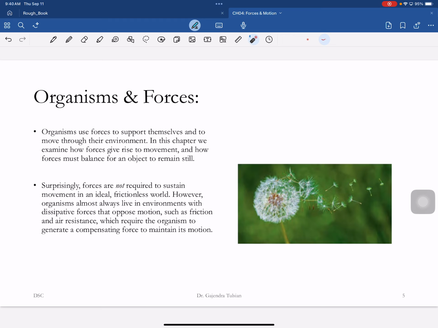The friction force converted the mechanical energy to heat, and heat is the worst form of energy, so that's why friction forces are called dissipative forces. They convert good energy into bad energy. So friction and air resistance are dissipative forces.